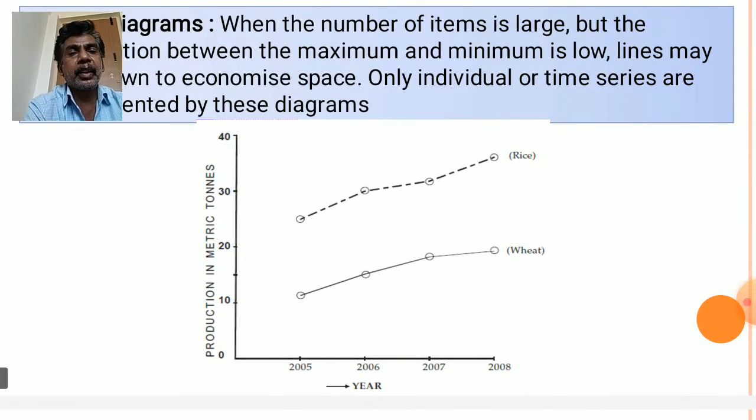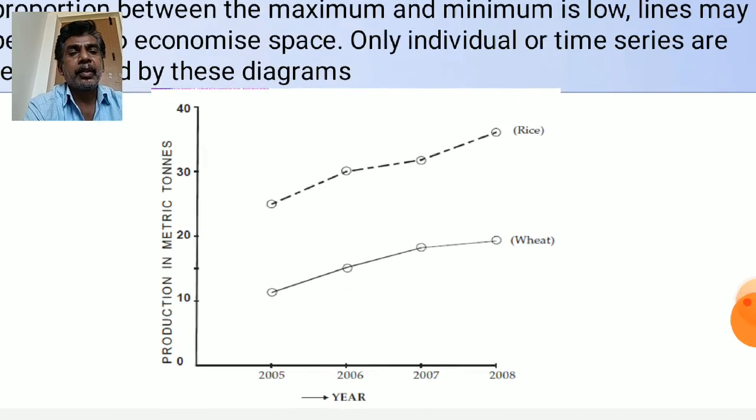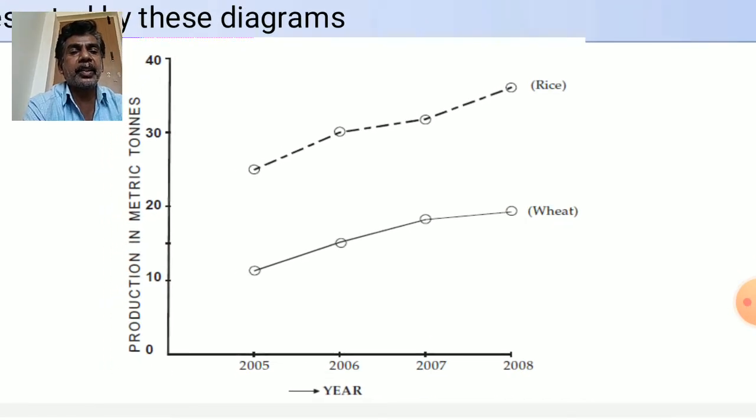So this is an example given here. On the x-axis we are showing different years, and the productions are shown on the y-axis. In the year 2005, the production of wheat as well as rice are shown. Therefore the productions of rice and wheat are shown in different years on the x-axis.